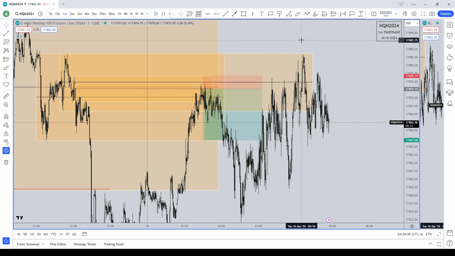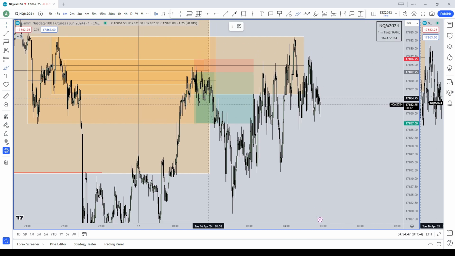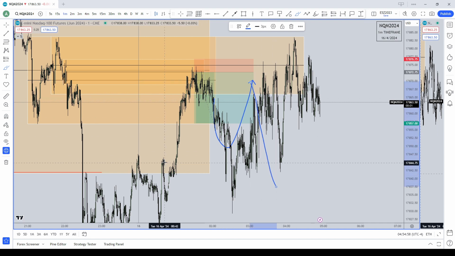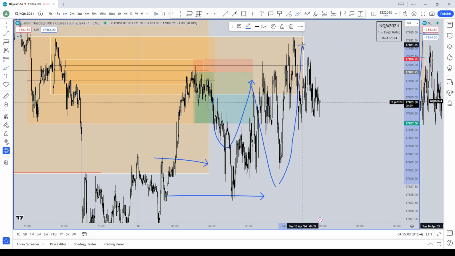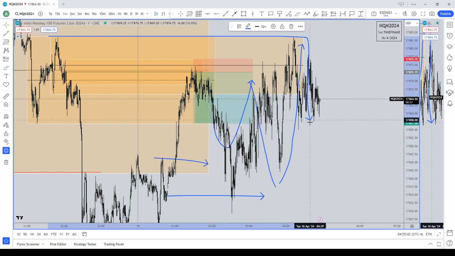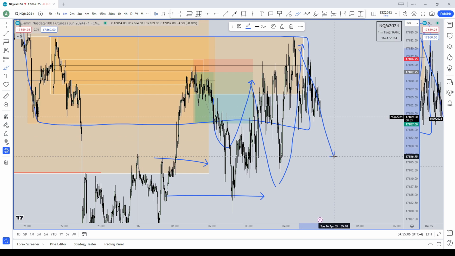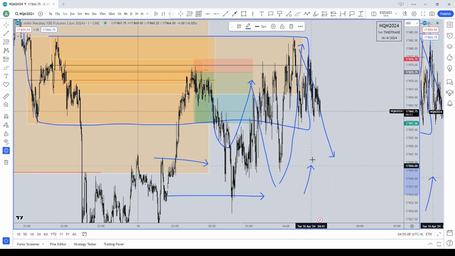After that, there is a high chance price closed below will go here, mitigate that zone, and go lower, for example to this zone, and go higher, mitigate this bigger zone, and go lower. Yeah, that's like ping pong, ping pong, ping pong.